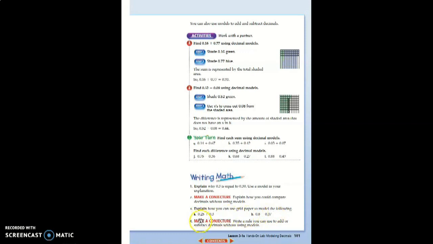A, 0.25 plus 0.3. B, 0.8 minus 0.37. 4. Make a conjecture. Write a rule you can use to add or subtract decimals without using models.